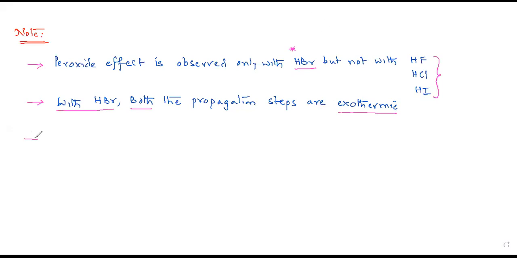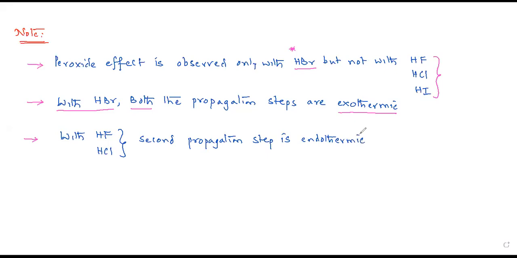Now, what is the problem with HF, HCl and HI? With HF and HCl, the second propagation step is endothermic. A very important point. The first one is exothermic, but the problem is with the second step.